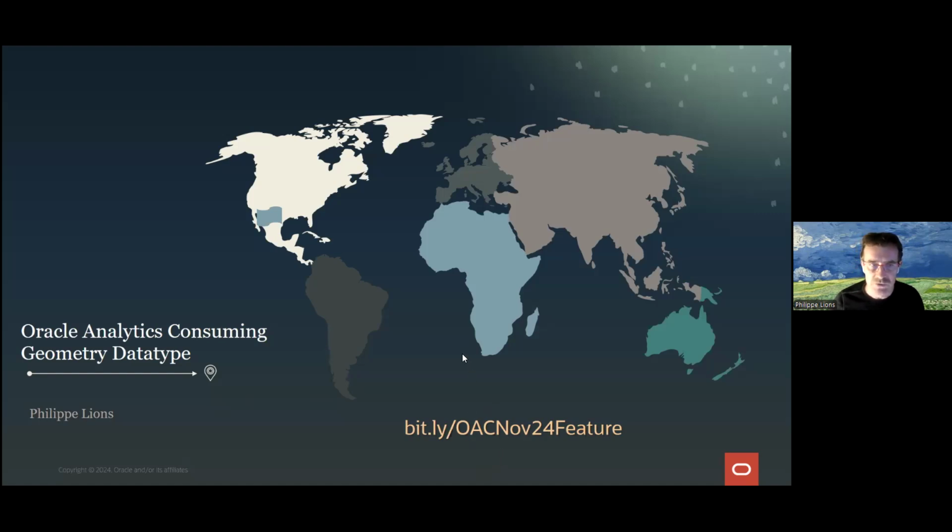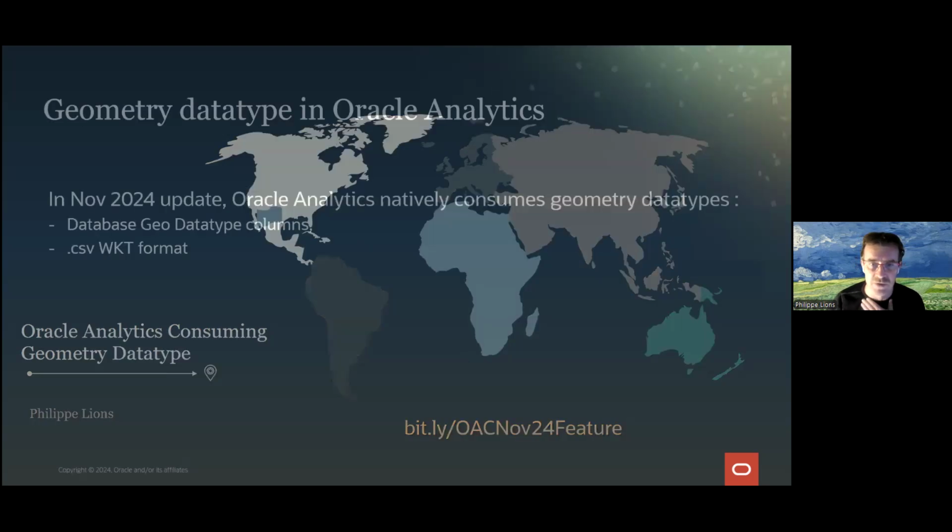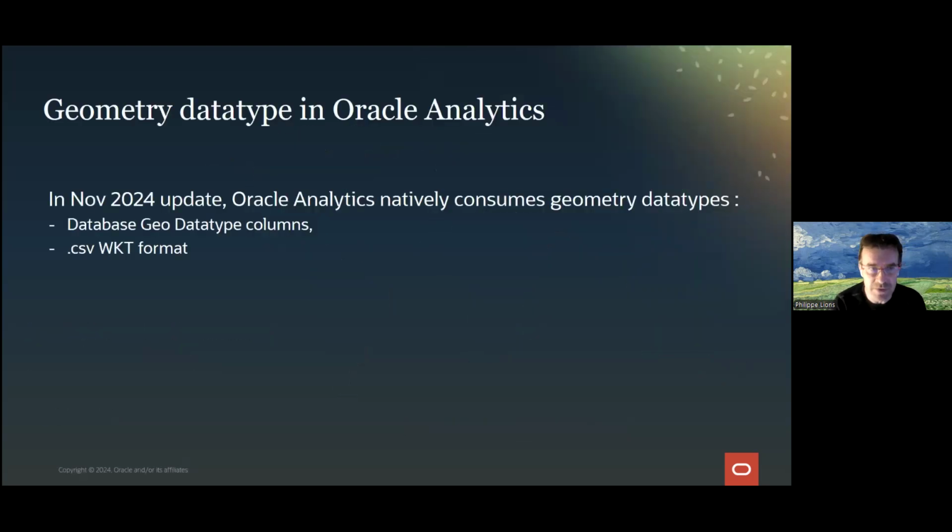I want to talk to you today about a very exciting capability that's been added to Oracle Analytics in November, which is the ability to visualize geometry data files. This sounds kind of technical and cryptic, but it's super exciting and very valuable functionally. What it means is that Oracle Analytics, since November 2024, allows you to consume geometry data from the database or geometry data from your text files, provided that they are in some specific format.